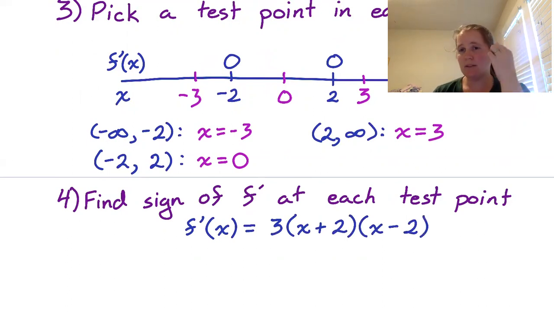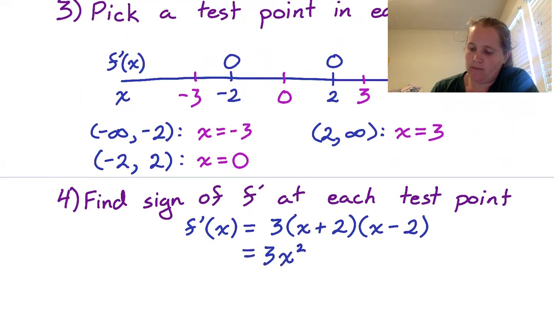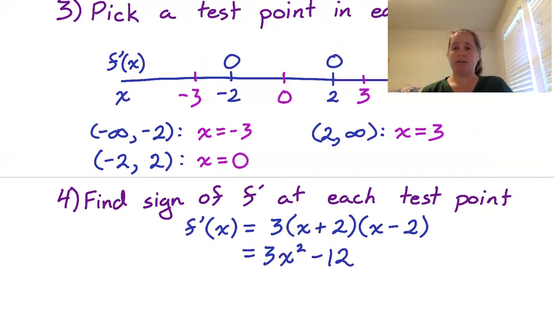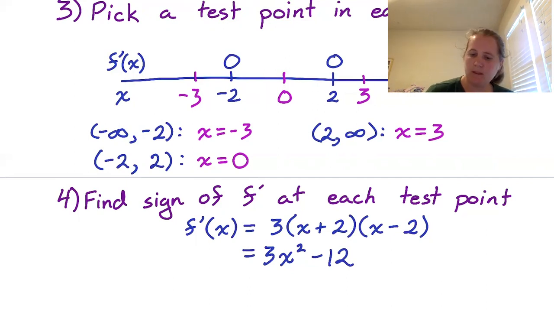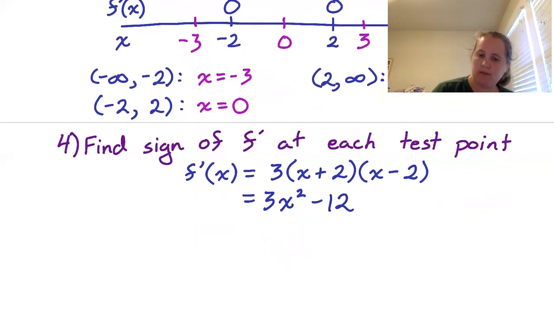There are a few ways you can do this. I'll go ahead and show you both. One option is literally just to evaluate, like, we also said this was 3x squared minus 12. Right? So one option is to literally just plug in x and evaluate. And the other one is to just kind of look at the factored form and see what sign each factor would have.